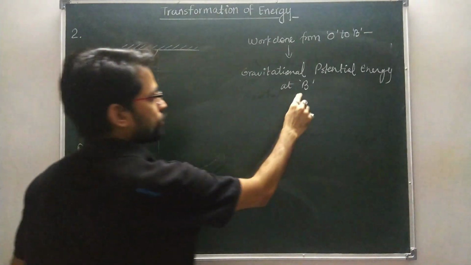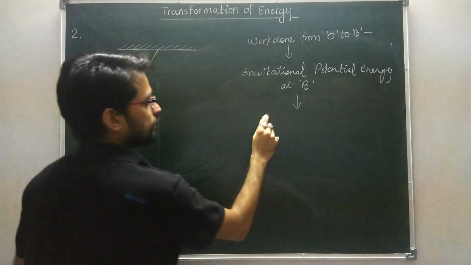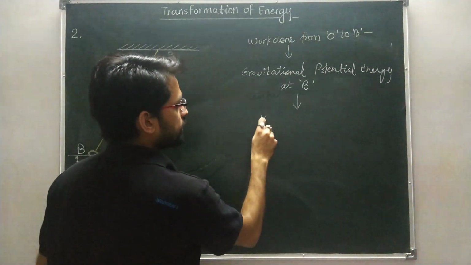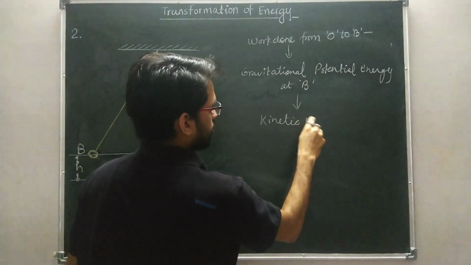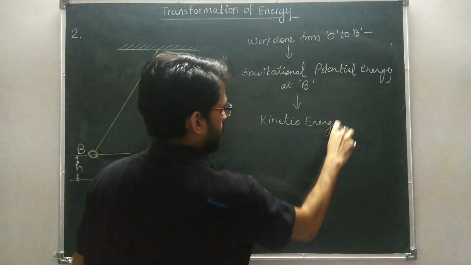So when you release the bob, this gravitational potential energy is converted into kinetic energy.